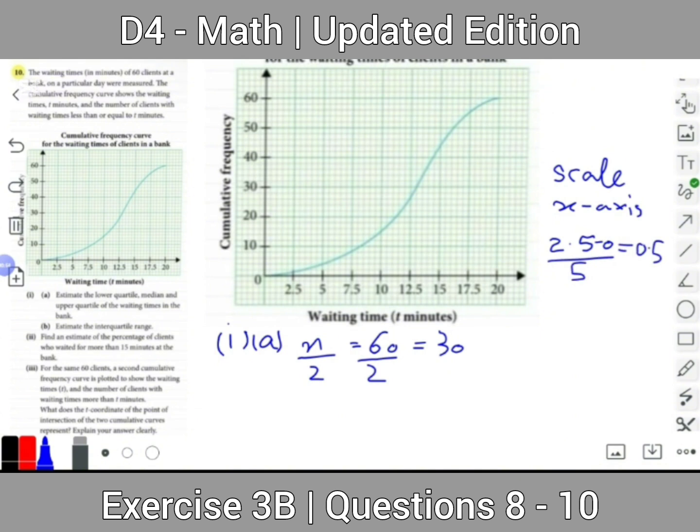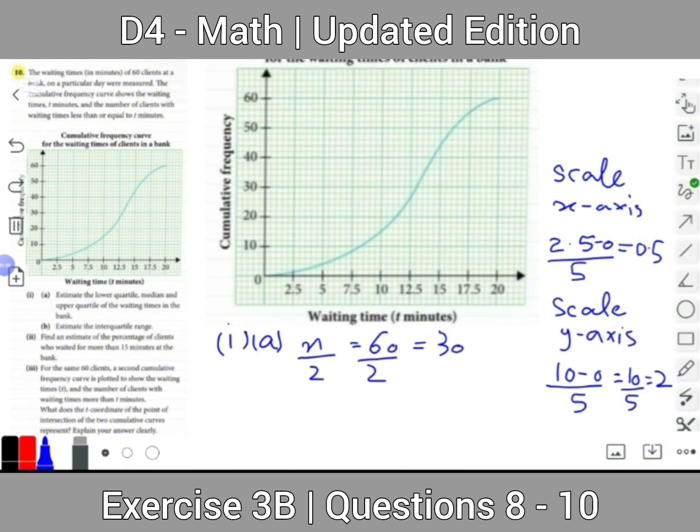So each square unit along the x-axis equals 0.5. Now we have to find the scale along the y-axis. So we have 10 minus 0 divided by 5, which is 10 over 5, equal to 2. So each square unit along the y-axis equals 2.